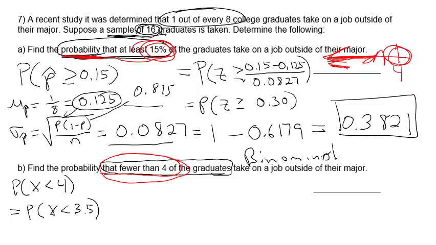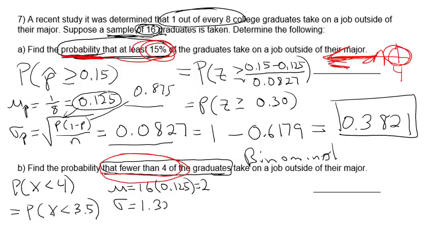Moving back to the problem, in order to get to the table, you show yourself that the mean, which is n times p, n is 16, p is 0.125, that is equal to 2. Sigma is the square root of npq, and I'm going to just give you sigma here because I'm lacking the space.